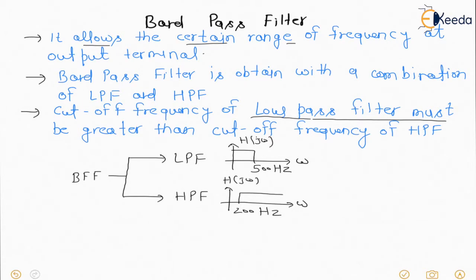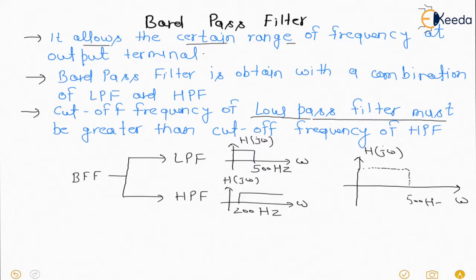So when we will overlap these two signals, then we will get the total H of j omega and this is frequency. So we have low pass filter having cutoff frequency of 500 Hz. I am drawing with the dotted line here.